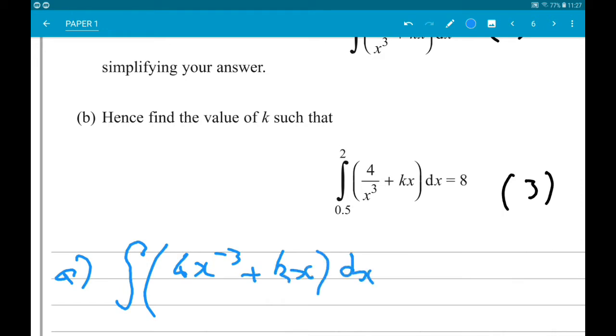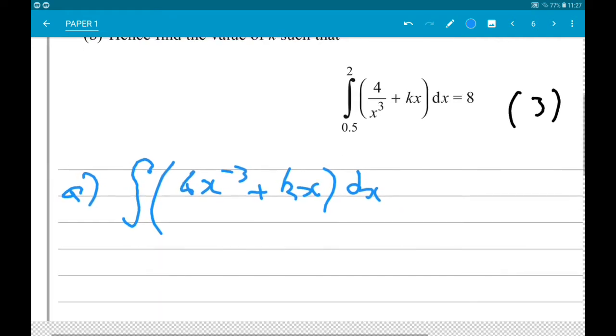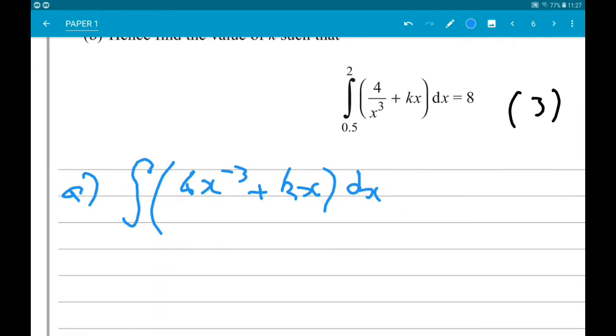Okay, so x to the minus 3 goes up to x to the minus 2 and we divide by the new power. So 4 divided by -2 is going to give us -2x to the minus 2. Now kx is going to integrate to kx squared over 2.